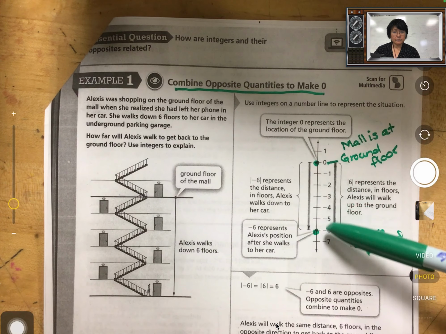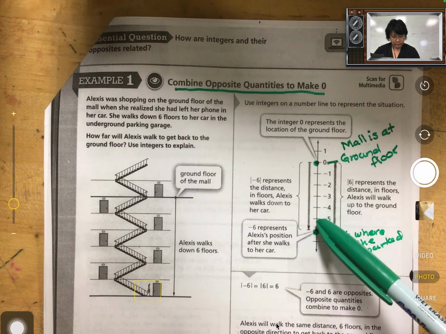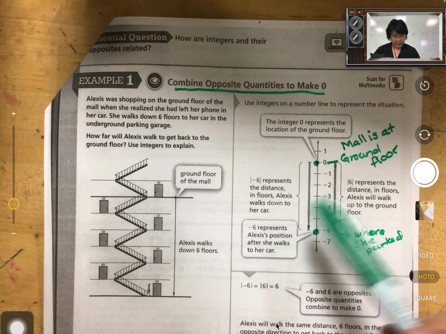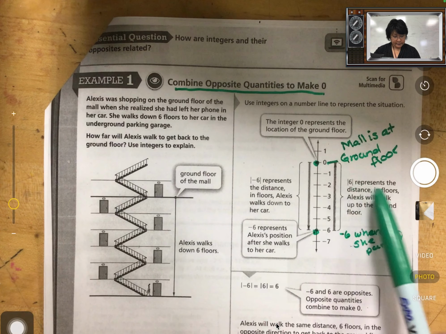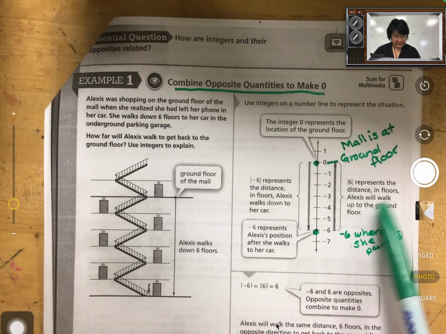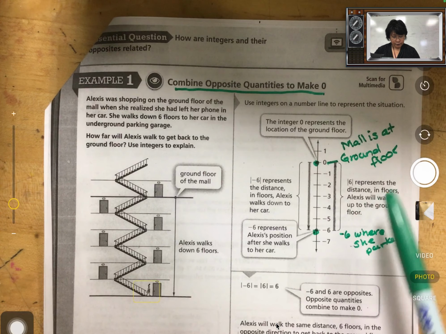The number of floors that she walks down is what? 1, 2, 3, 4, 5, 6. She walks down 6 floors. So the absolute value of +6 represents the distance in floors that Alexis will walk up to the ground floor.